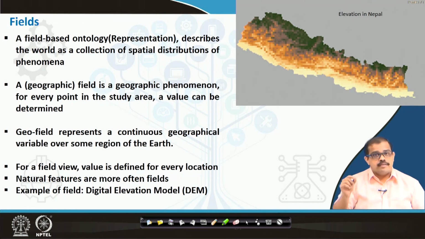Then a geo field represents a continuous geographical variable over some region of the earth, and it can have not just one value but many values. Please understand this: it is a geographical variable.